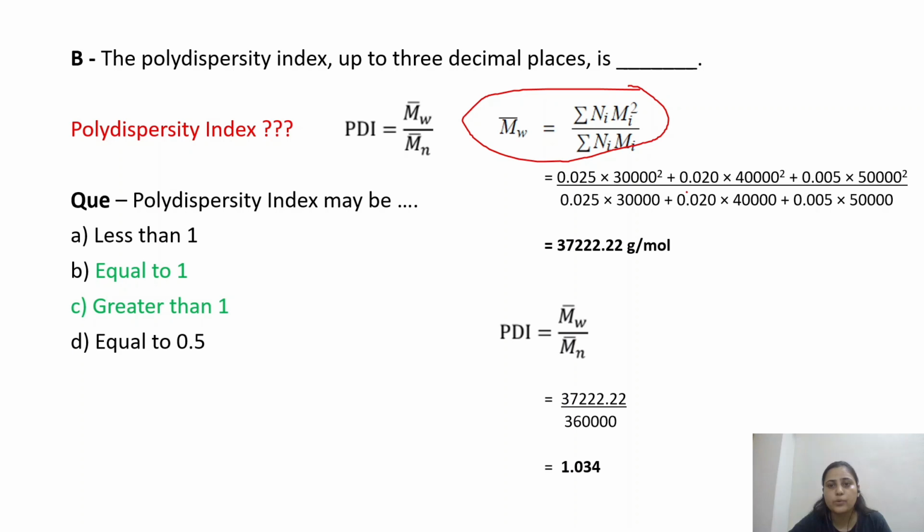Like here, this is X, this is for Y, and this is for Z.